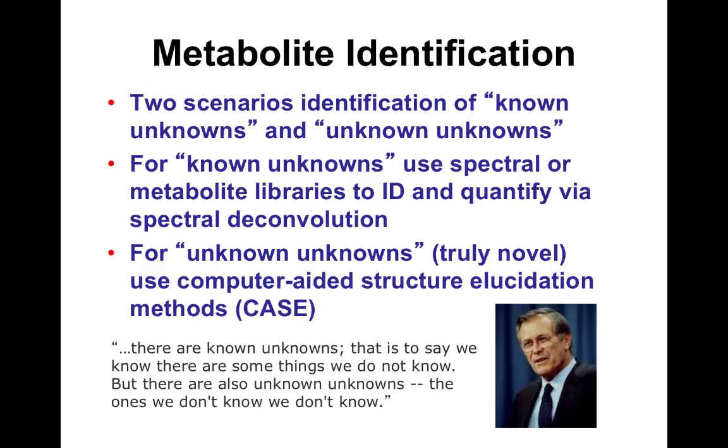So in metabolite annotation or metabolite identification, you're dealing with two situations. One we call the known unknowns, and the second the unknown unknowns. The known unknowns are: here's my spectrum, what's in here? Unless you study spectra, whether it's mass, GC, or NMR, you're not going to be able to look at those peaks and instantly identify them.